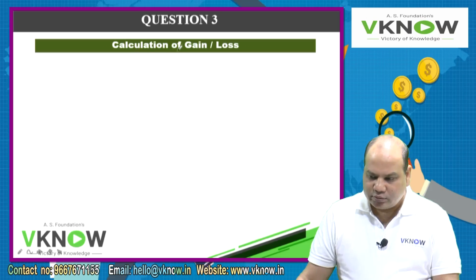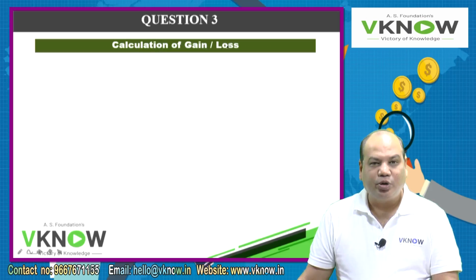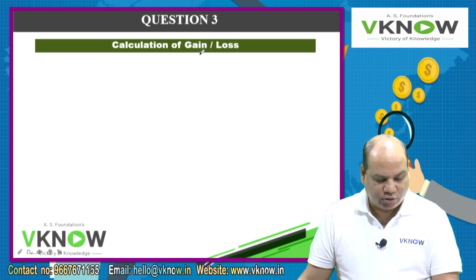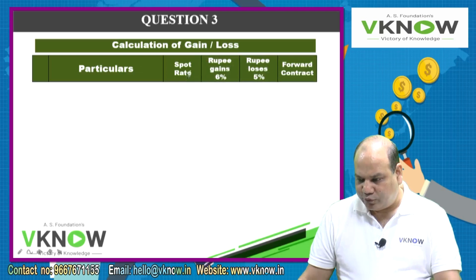So heading, write down in your notebook, write question number, page number, in bracket important question, heading calculation of transaction gain or loss. So this time I have to do 4 calculations.